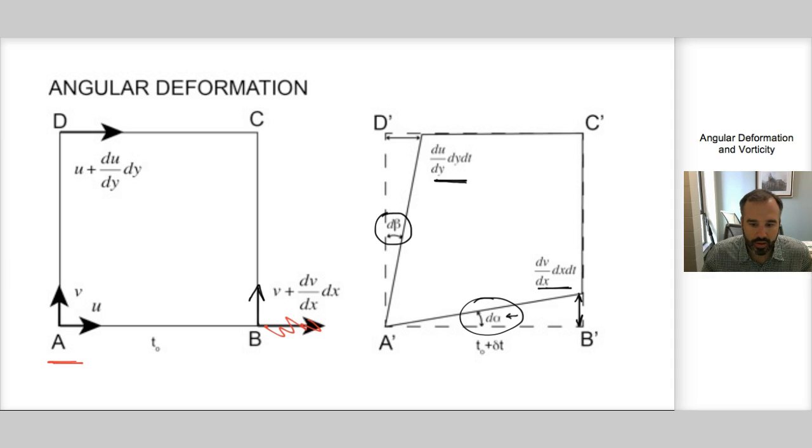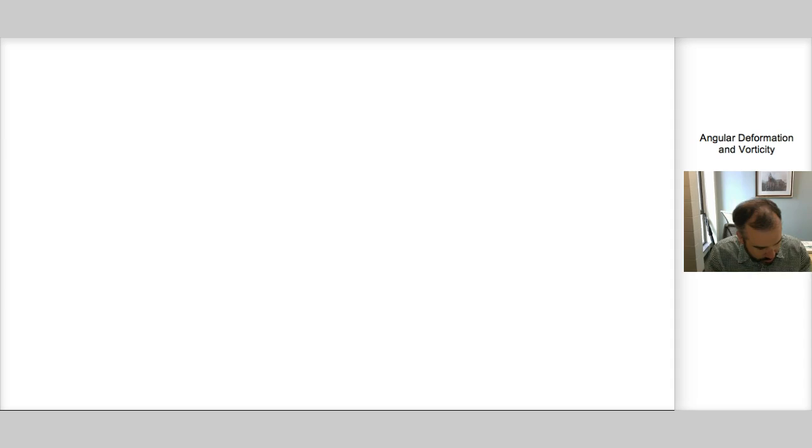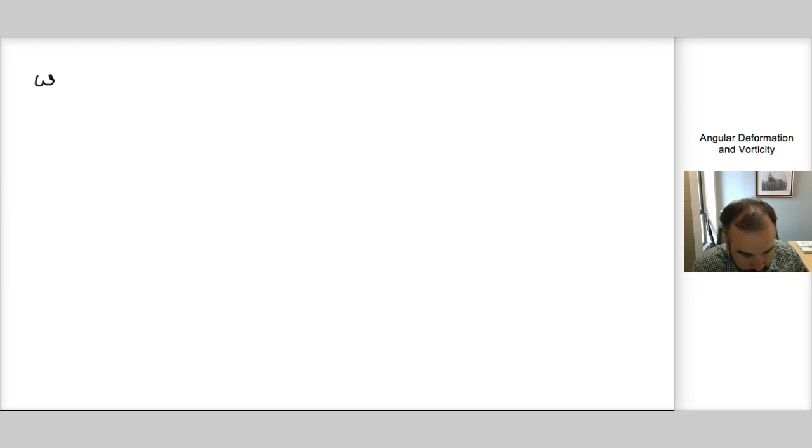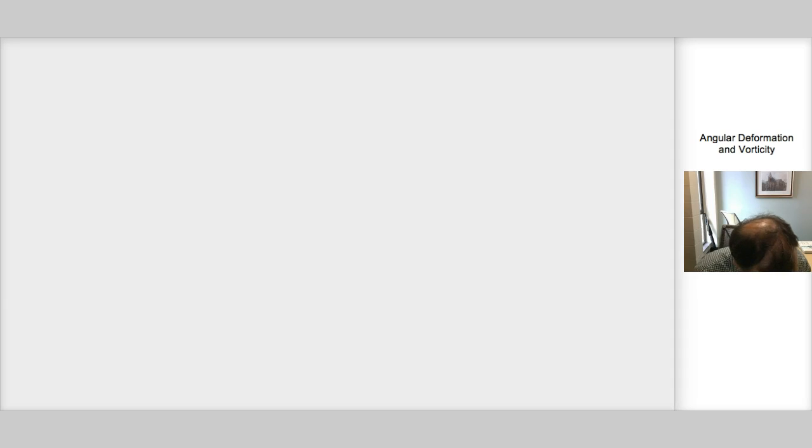Okay, and so often what we want to know is how fast those angles are growing, or can we define another term? And so what we're going to do is define a term omega, which we're going to call omega A, so omega AB is going to be defined as the limit as dt goes to 0 of d alpha dt.